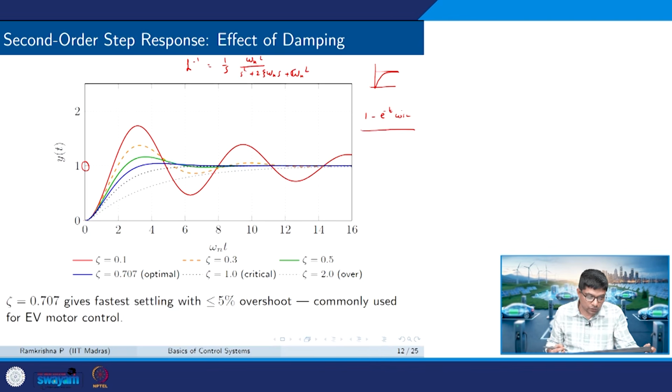Okay. So, several things can happen. I look at zeta is 0.1, which is this one. I have zeta as 0.3 somewhere here, zeta as 0.5 which is somewhere here, zeta as 0.707 which is here, and as I keep on increasing zeta, this is the zeta equal to 1 line, and this is the zeta greater than 1 line.